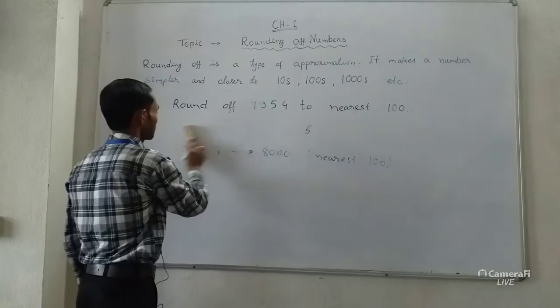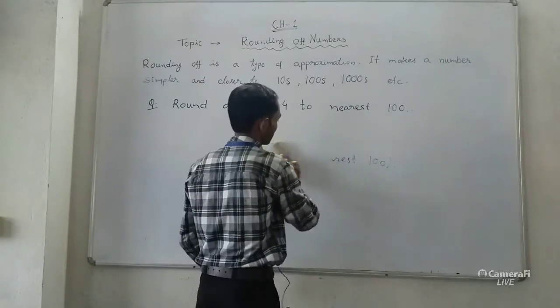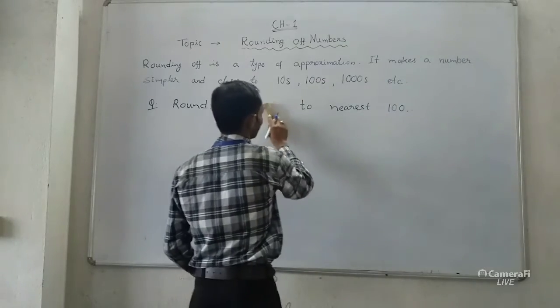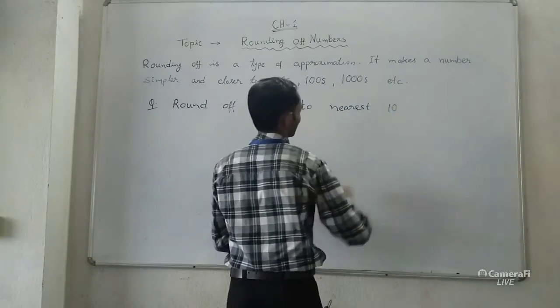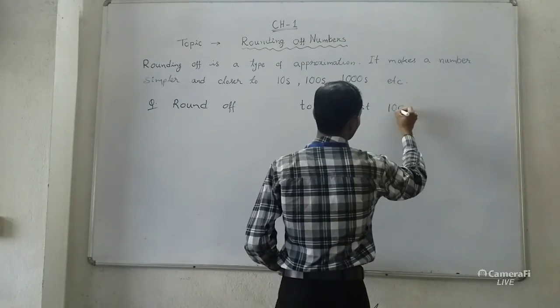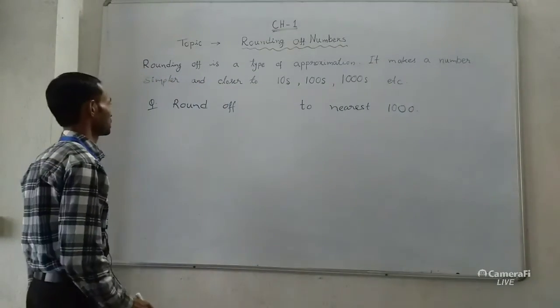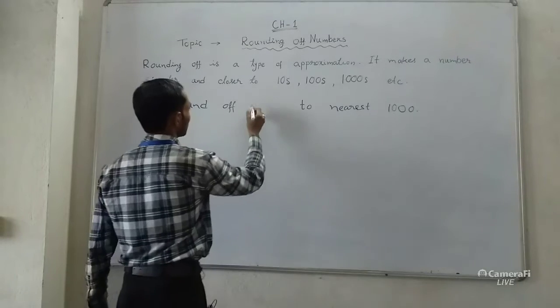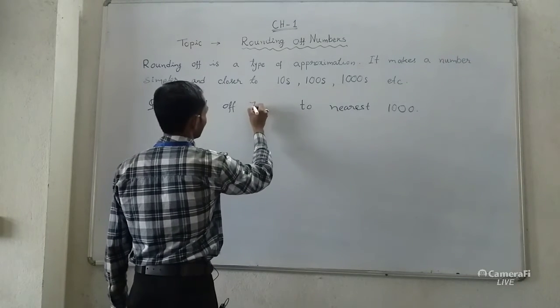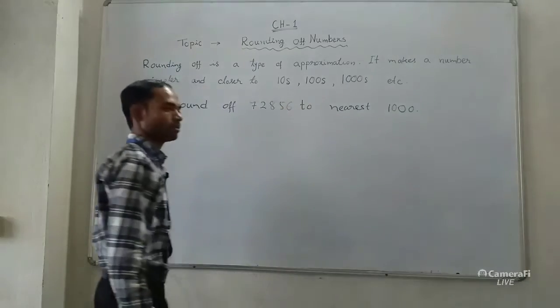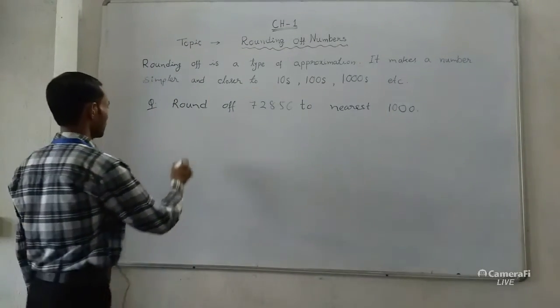Now let us come to rounding off numbers to the nearest 1000. Suppose the number I am taking here is this number.